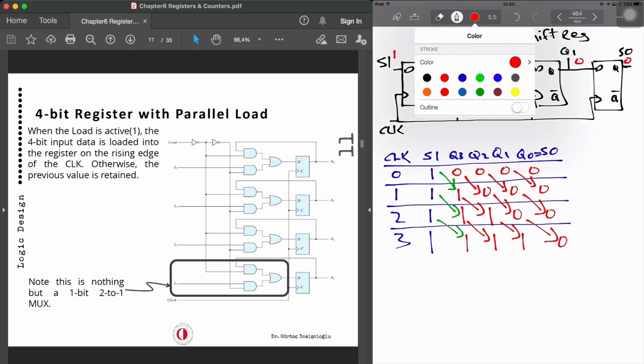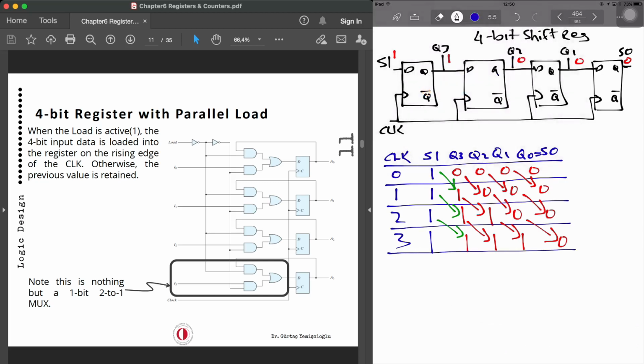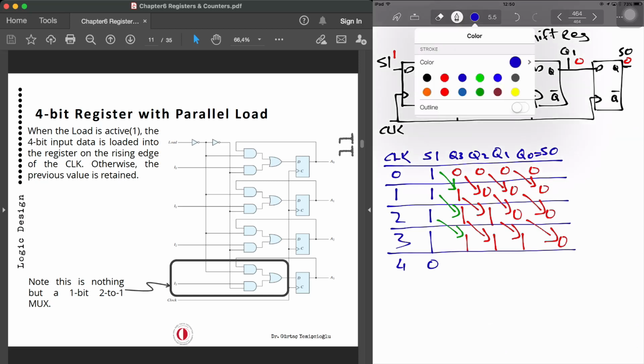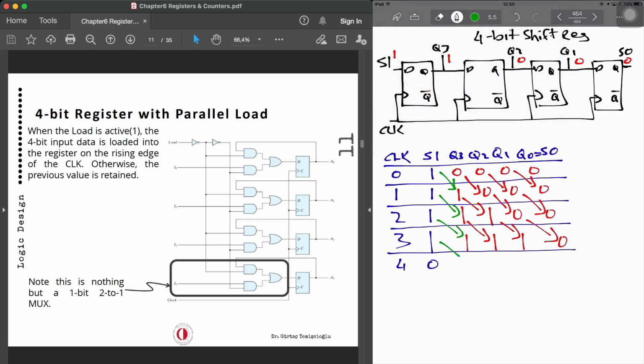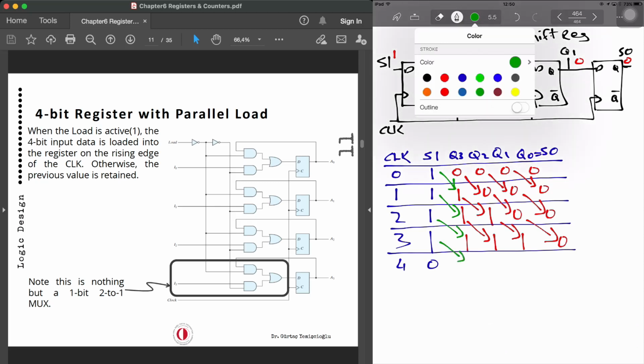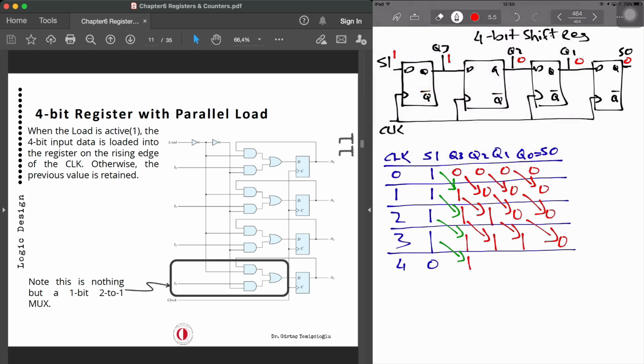And if I repeat cycle 4, let's change it to 0. Now this one is actually transferred. So this will be 1, this will be 1, this will be 1, and this will be 1. Now all of them are 1s. Now we started with 0, 0, 0, and now we have got 1, 1, 1. So 4 cycles that we have got, and the outputs are all 1s.